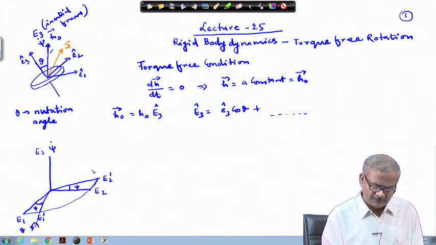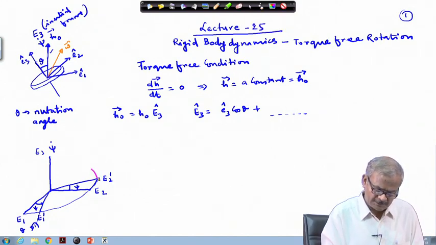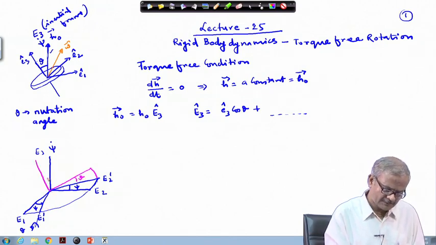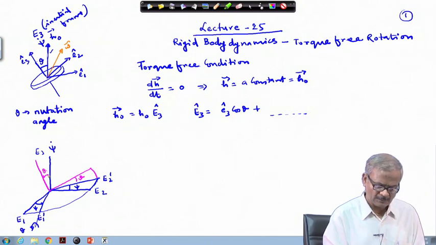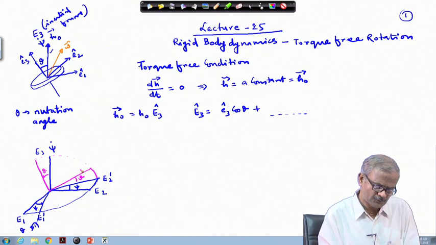So, this will rotate and go to the position here, this will rotate by theta, and this will also rotate by theta. This is in a circle which I am not showing here.